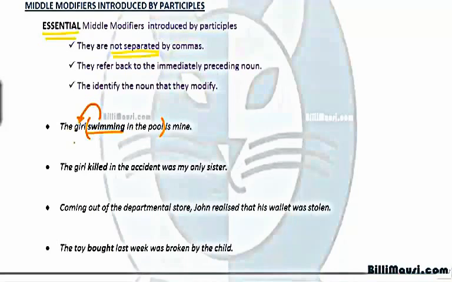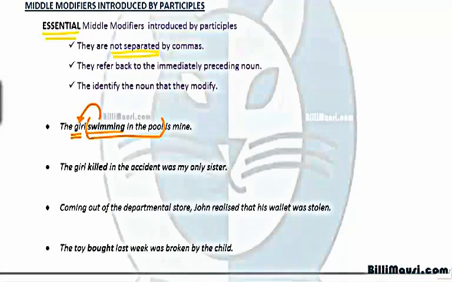So which girl is mine? The one who is swimming in the pool is mine. So it becomes very specific. Whenever it is not separated by a comma, then the middle modifier will always modify the noun preceding it. So swimming in the pool, swimming is modifying girl.